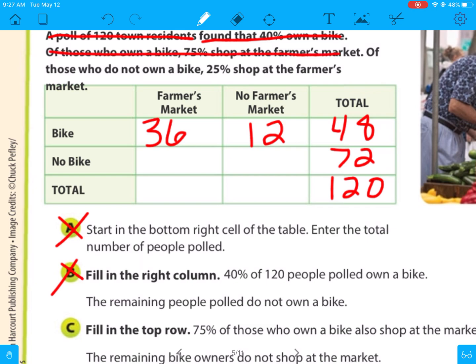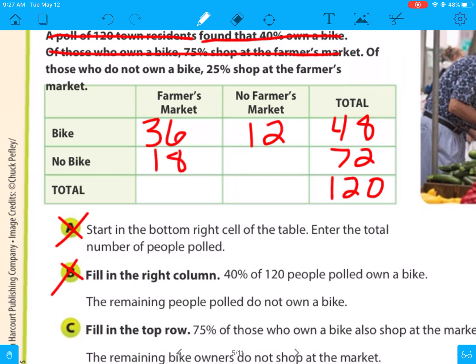So that's that part. Now, of those who do not own a bike, so we're going to be talking about these 72 people, 25% shop at the farmer's market. So we're going to do 72 times 0.25, and that gets you 18.